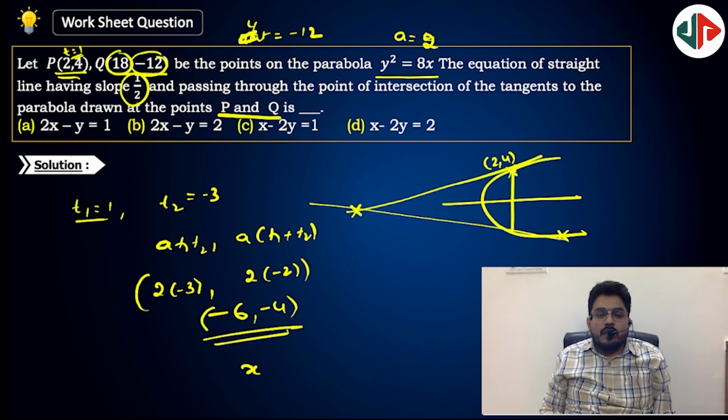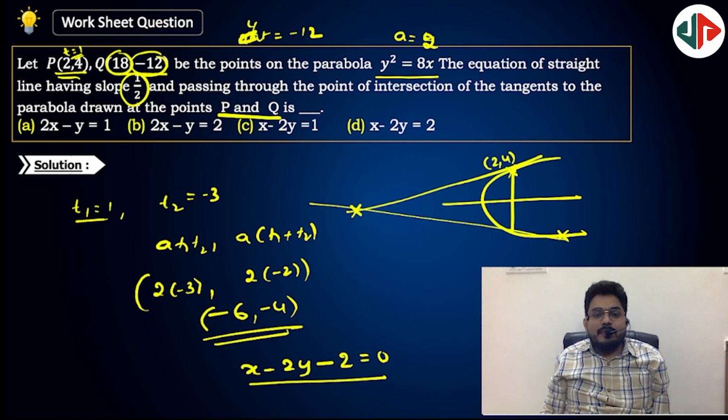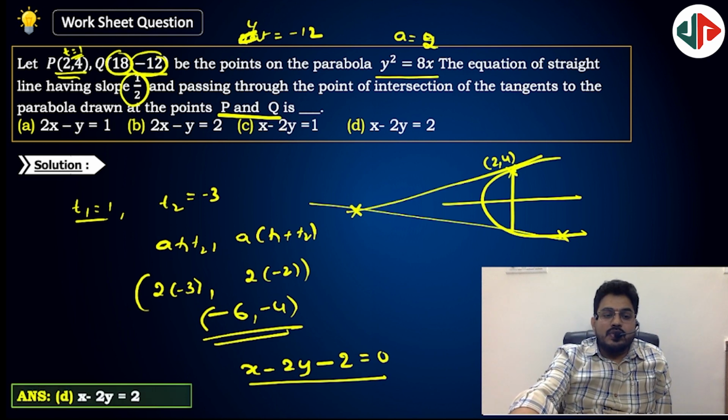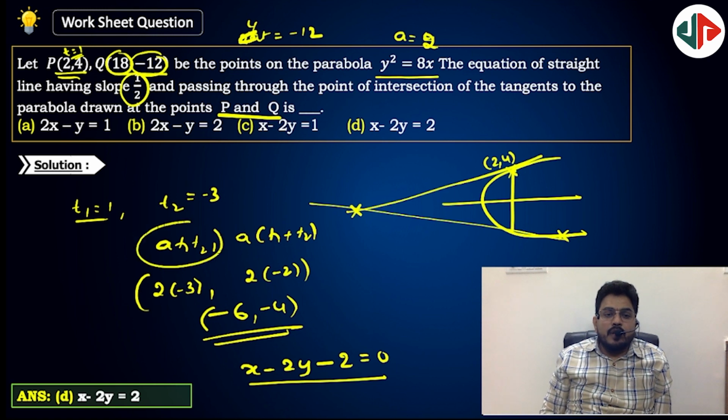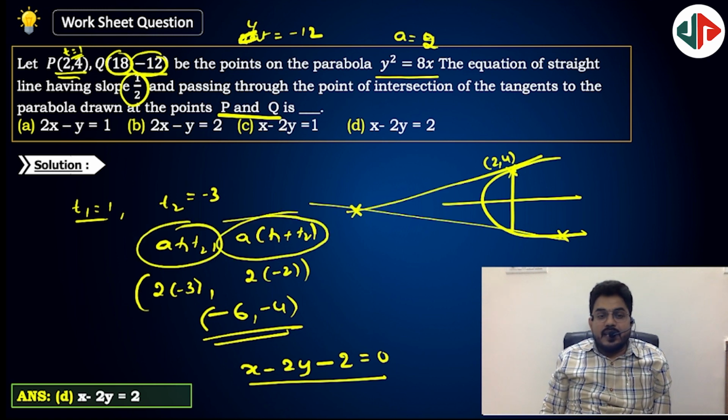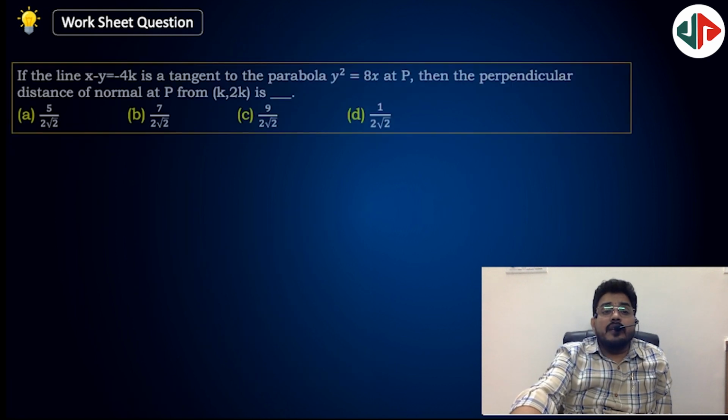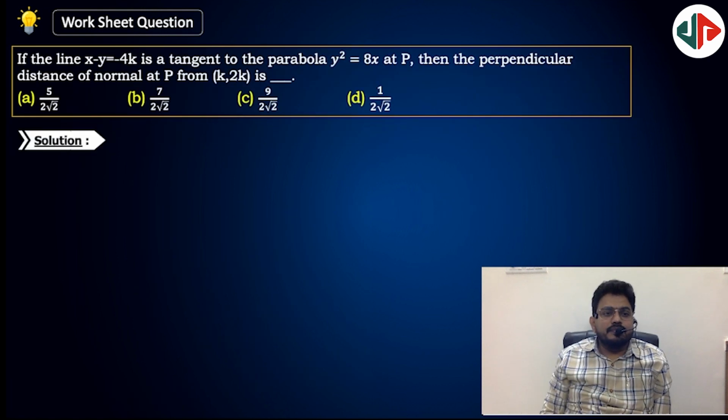So slope 1 by 2 means x minus 2y minus 2 is equal to 0. The answer is x minus 2y minus 2 is equal to 0. So the required point of intersection is (a t1 t2, a(t1 plus t2)). Don't try to find out the point of intersection.